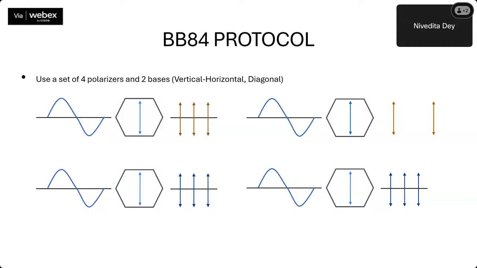Now, the hexagon that you can see is kind of a filter, and what kind of photon beam it allows to pass is shown in blue. Depending on its filter, it will allow the beam to be transferred to the other half. Okay, so this is the basic structure.